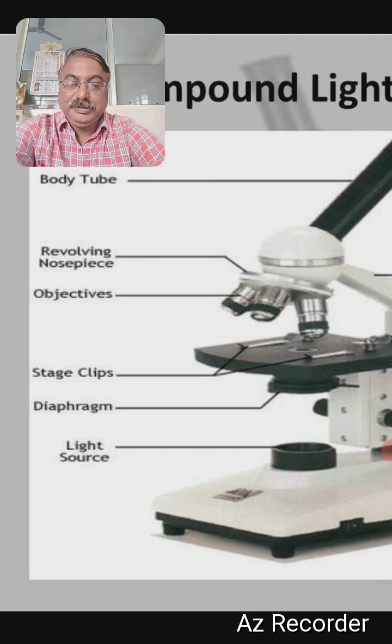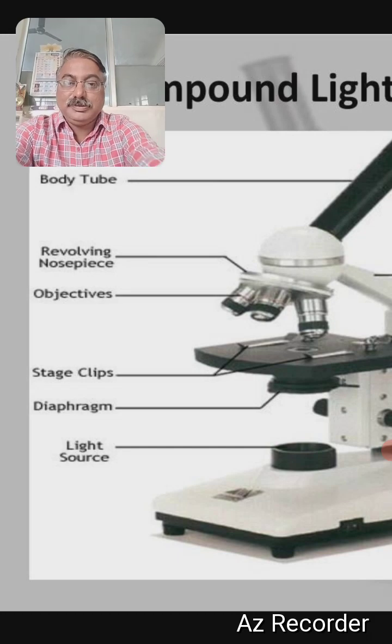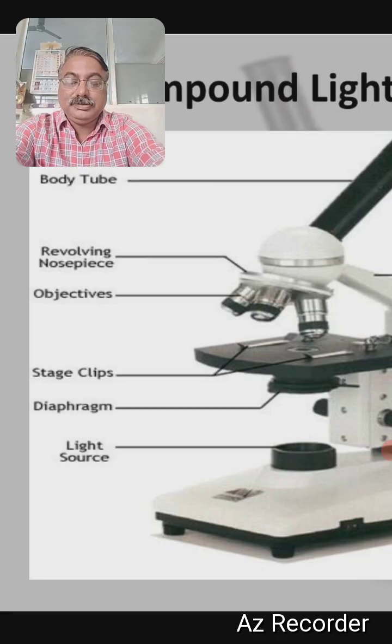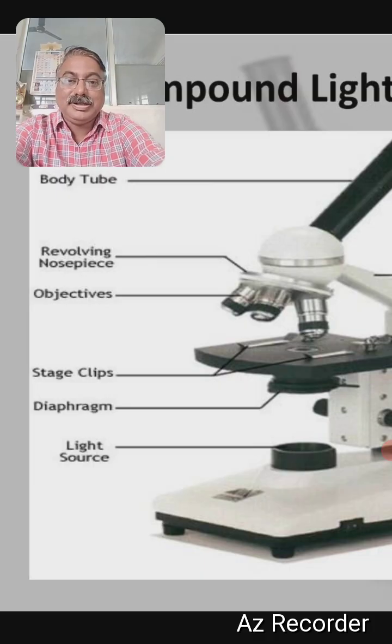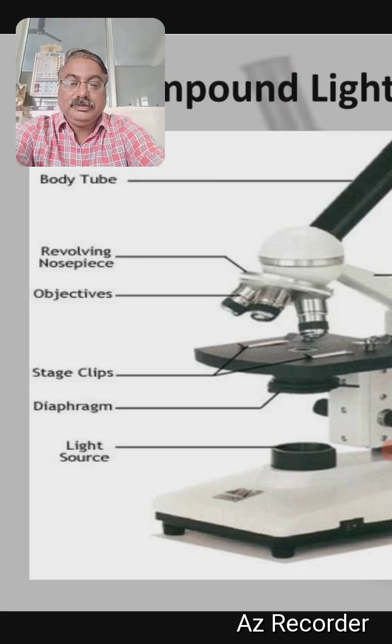Then you have the body tube between the objective and eyepiece lens, revolving nosepiece which has many objective lenses for different magnifications, stage clips to hold the slide, diaphragm to adjust the light, and below the diaphragm, the majority of microscopes have a condenser which condenses light rays and then they are passed to the object.